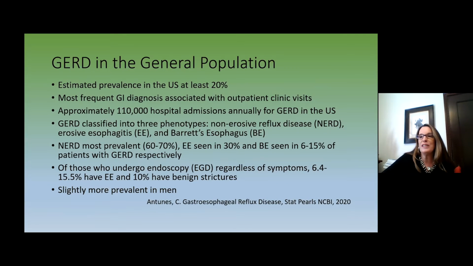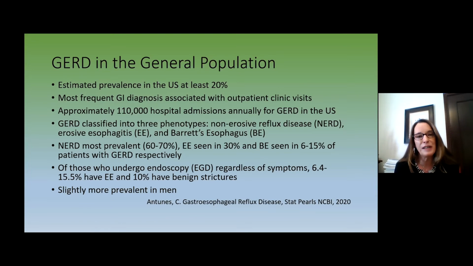So let's shift gears a little bit and briefly touch on the prevalence of GERD, which is at least 20% in the US population and slightly more prevalent in men. And GERD is the most frequent diagnosis associated with outpatient visits, and it accounts for 110,000 hospital admissions annually in the US.